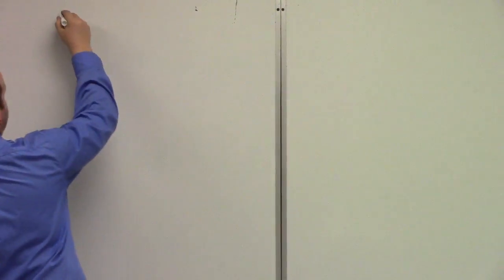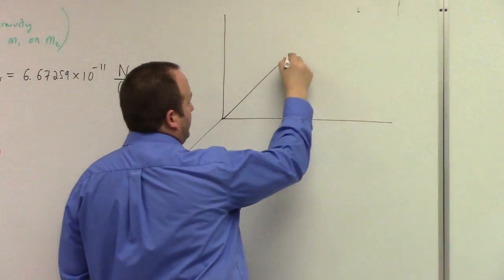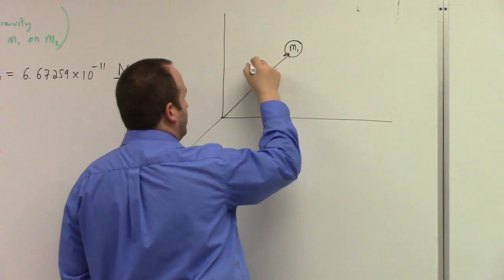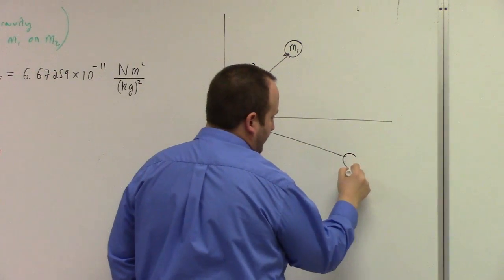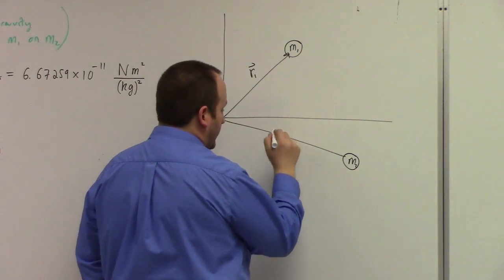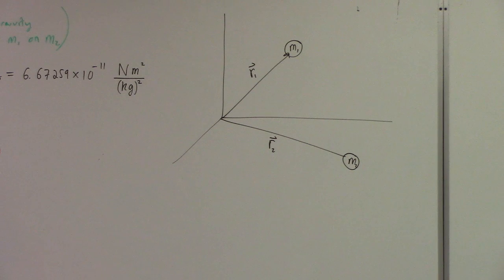But what if you have a more complicated situation, or a less pretty situation, where you have, say, one mass, M1 here at R1, and you have another mass over here, say M2, at R2. Specifically, what's the vector formulation of gravity?